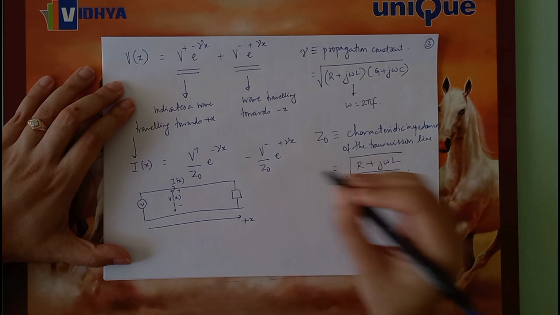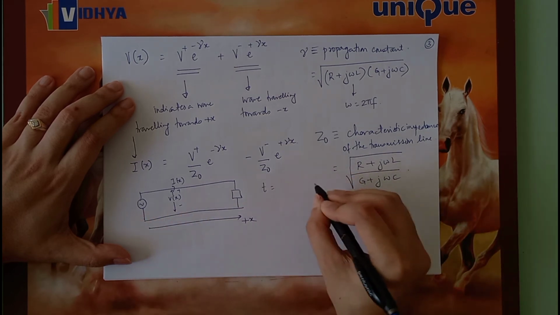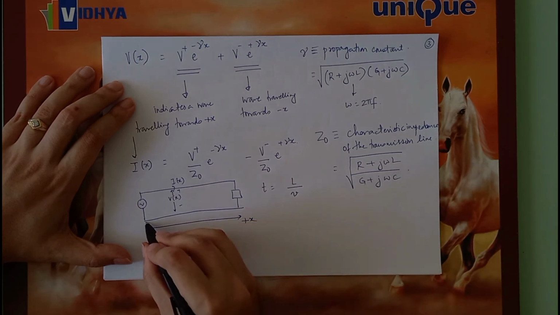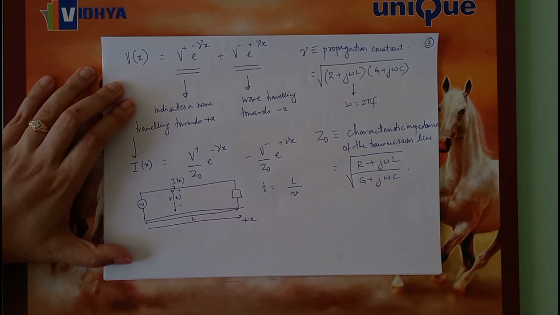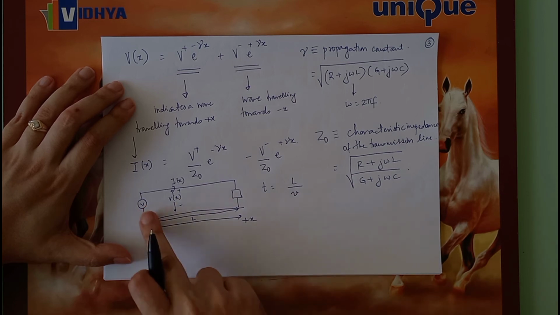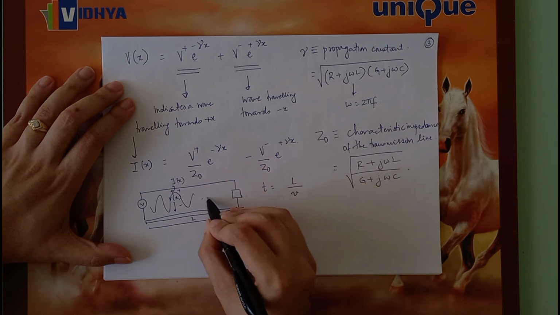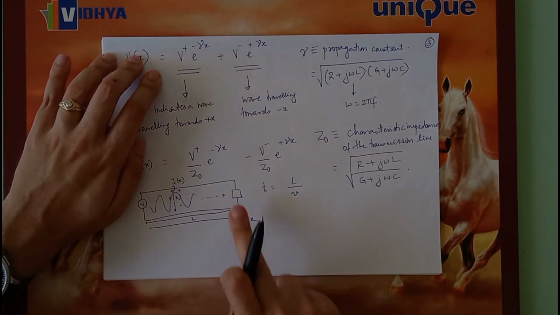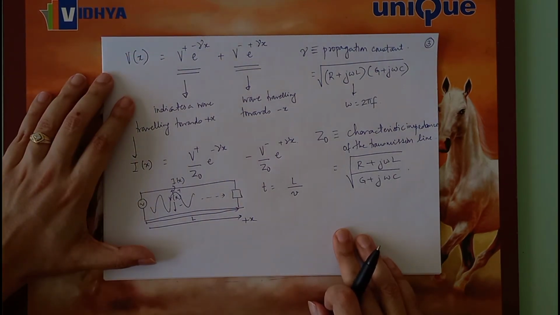So the time taken to go from the source to the load, that is small t, is nothing but L divided by the velocity of the wave, where L is this distance. So now suppose the wave starts and is now traveling. It is traveling in such a way that it has not yet reached the load. Then what will be V of x, what will be I of x?